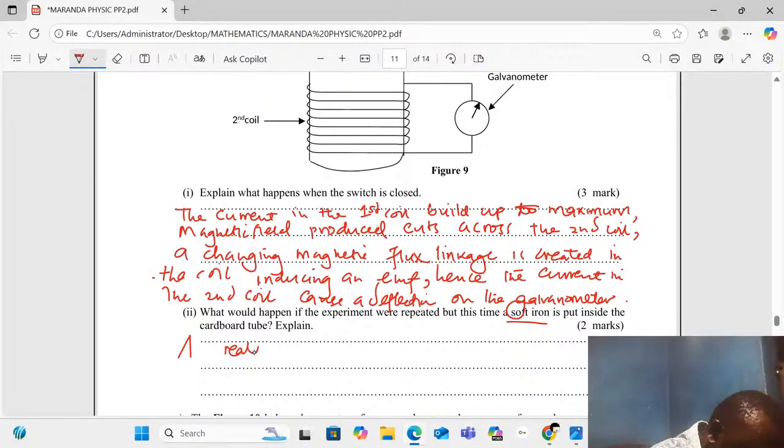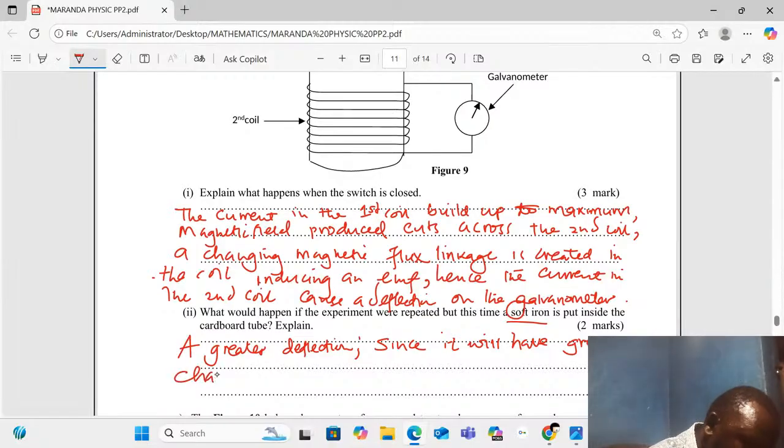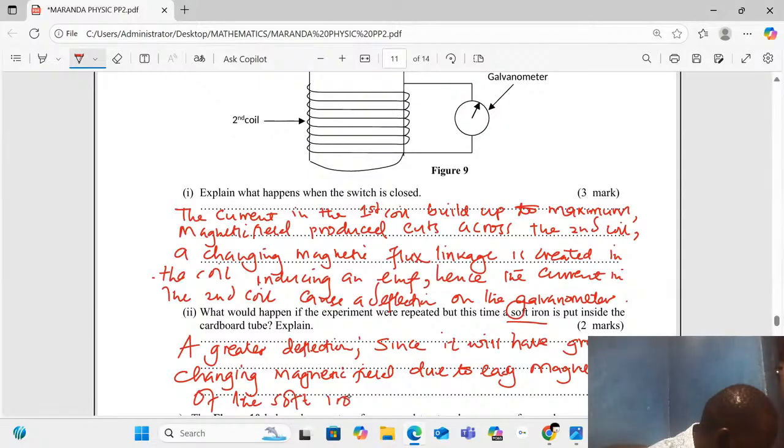So you can say a greater deflection is observed since it will have a greater change in flux, change in magnetic field, due to the magnetization of the soft iron core.